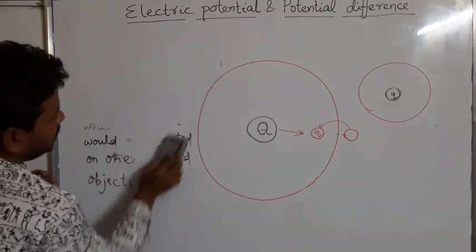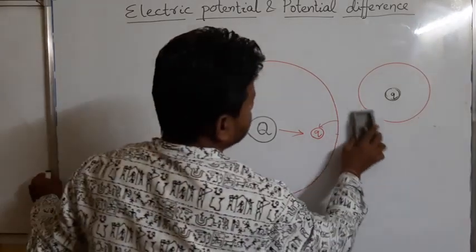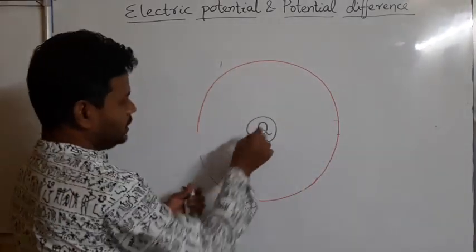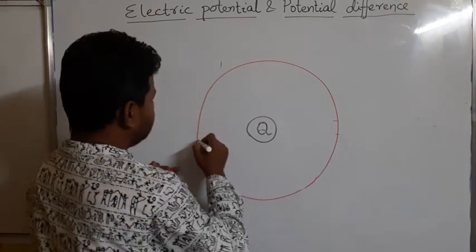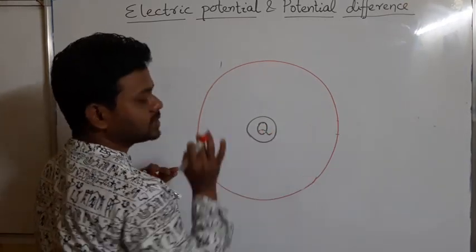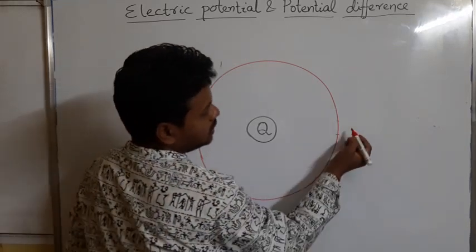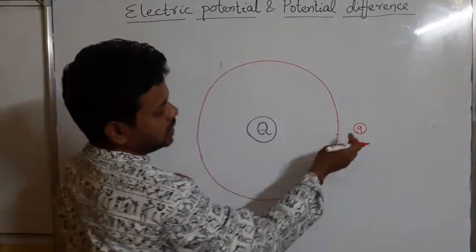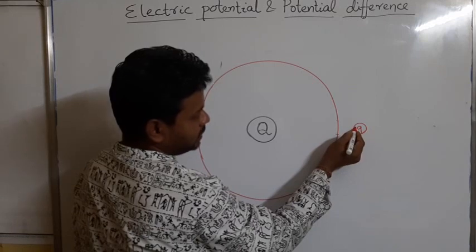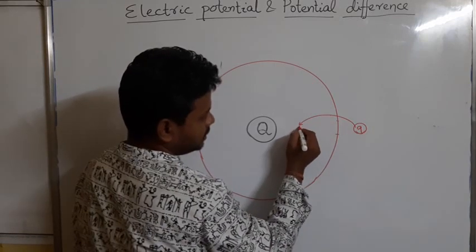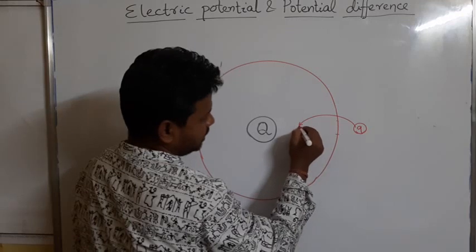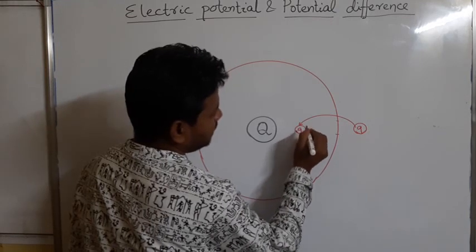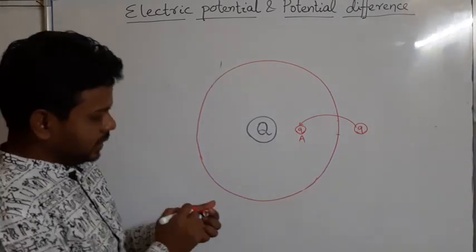Students, here you see, we will discuss this one. So this is a charged object and this is the electric field of this charged object. As I have told, if I bring a small electric charged object from outside the field to inside the field, to this point, say this point is A, then what will happen?